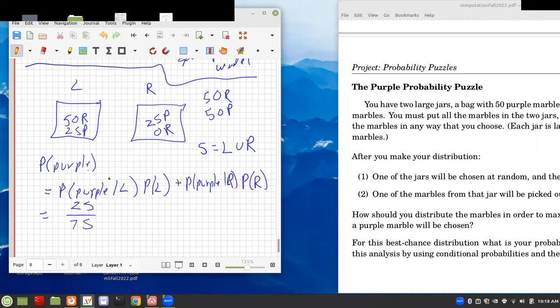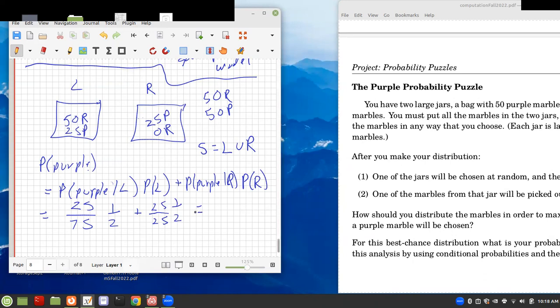This is the number that's purple and on the left, which is 25, divided by the number on the left, which is 75. That's the definition of conditional probability, times the probability that you chose the left, which is 1/2, plus the probability that you got a purple one on the right, which is 25 over 25, because you're absolutely certain of getting one on the right.